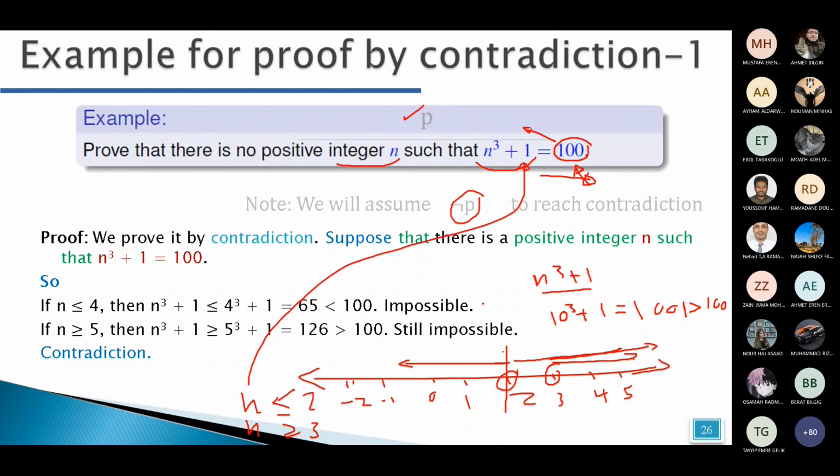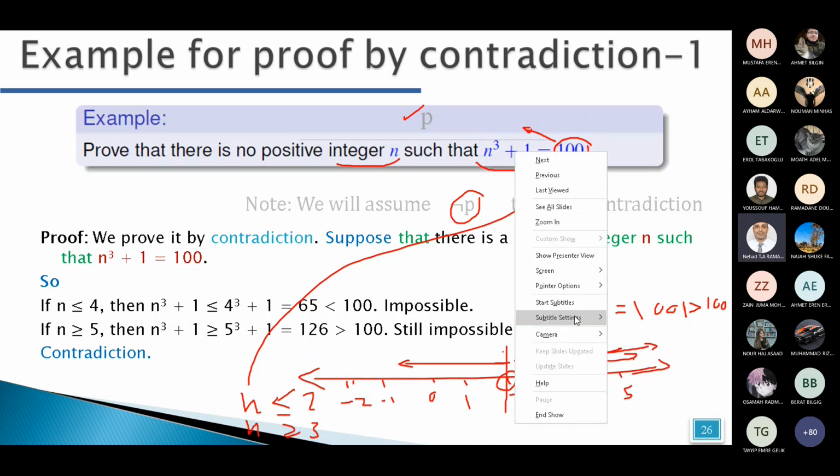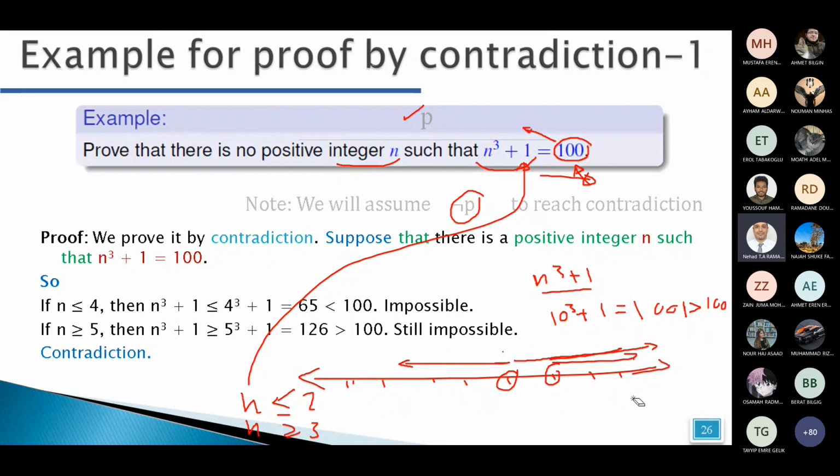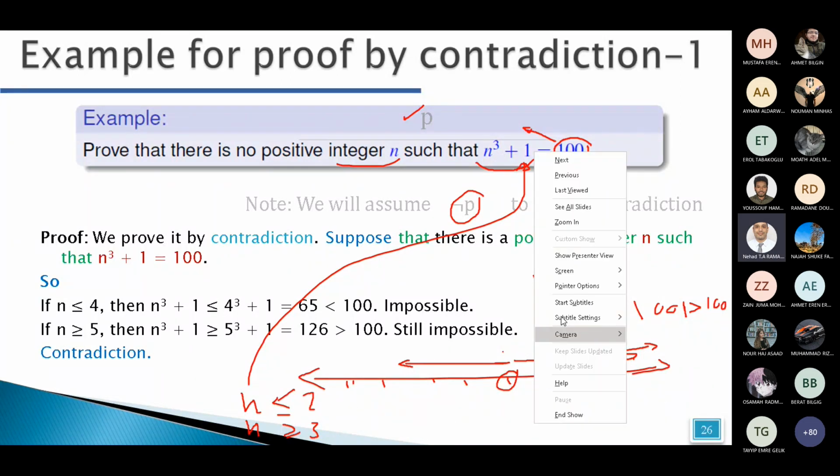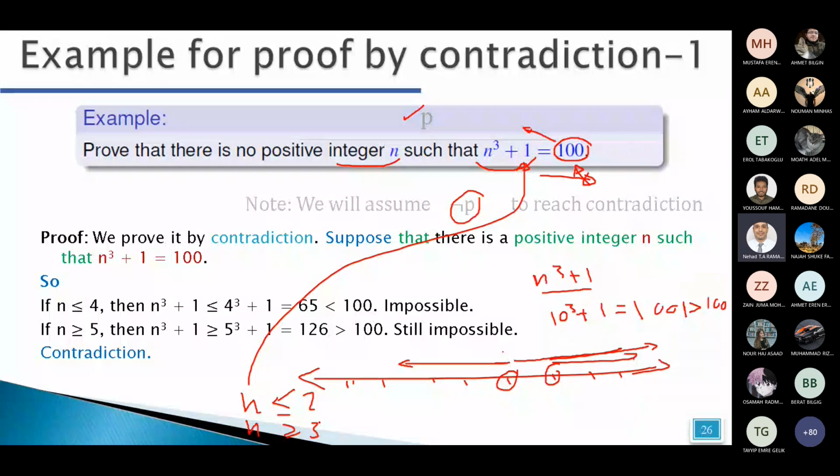I have to remove this because I don't have a place here. Okay, then n to the power 3, which is 2 to the power 3, plus 1, must equal 100.